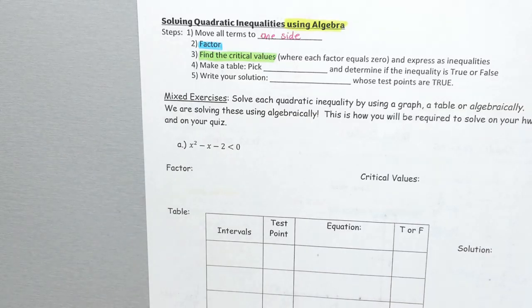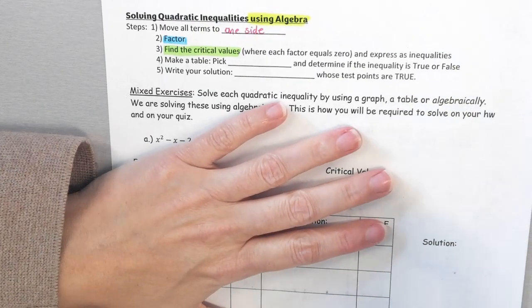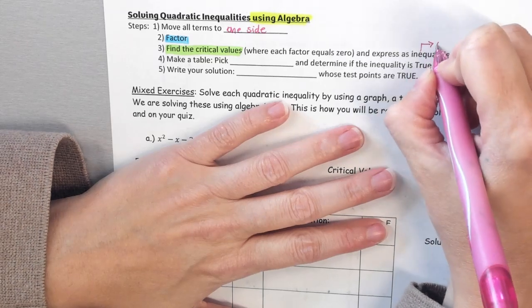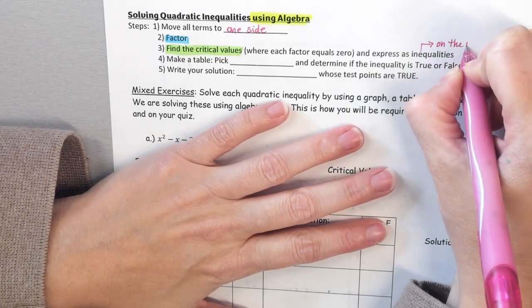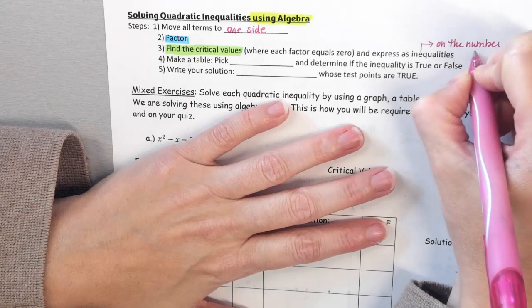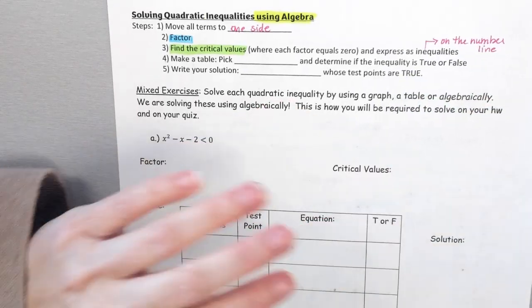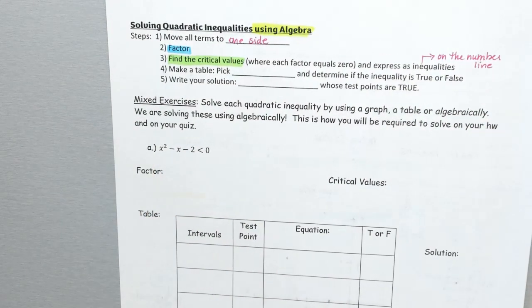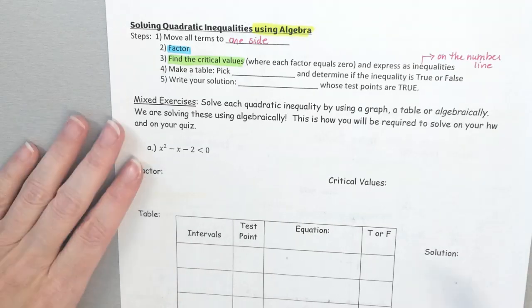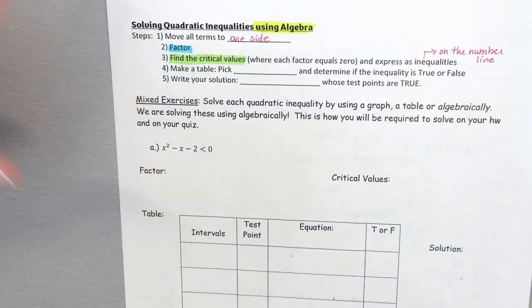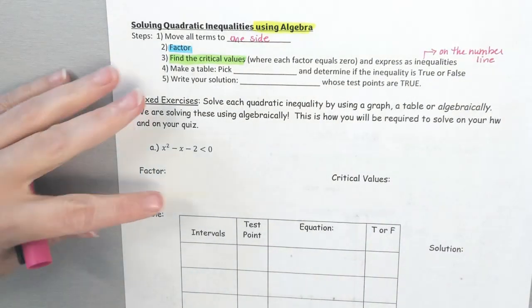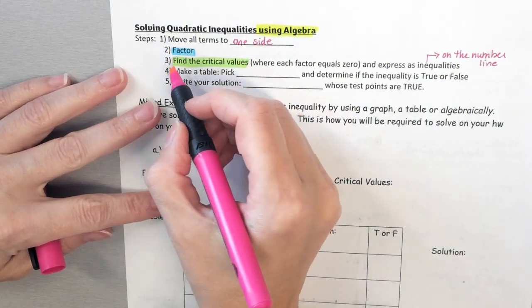And then we have to express those as inequalities. We're going to do that on the number line, and we're going to do this together. We'll go through the steps together. After you do that, we are going to make a table, and on this table, we're going to have test points.